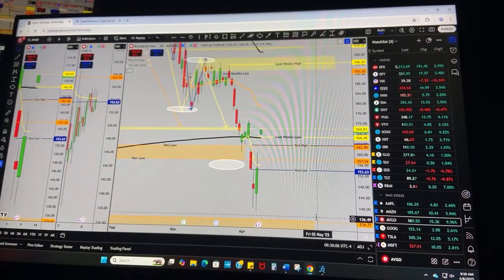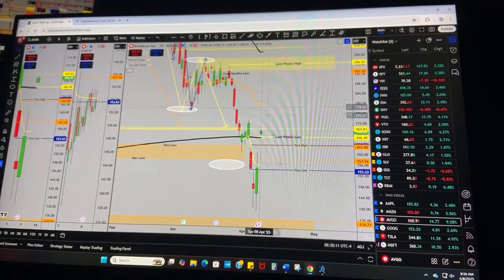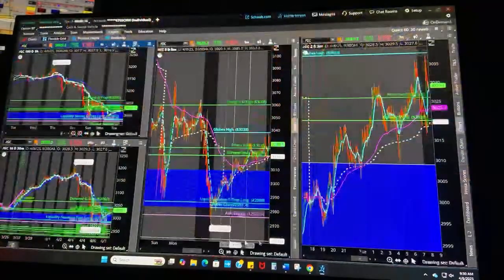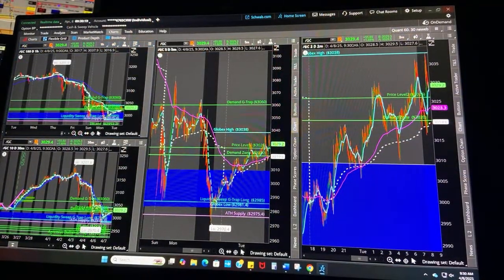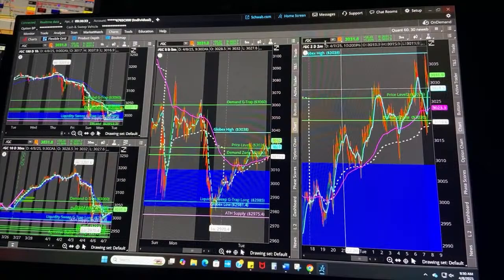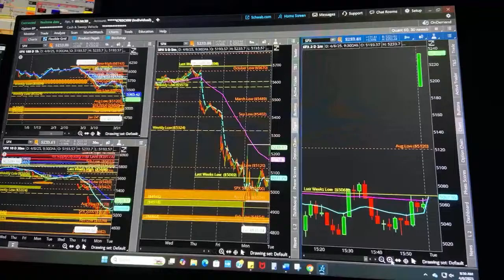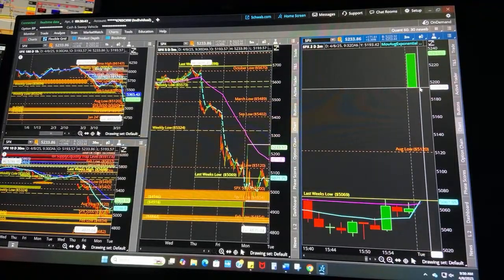All right, the market's just opened. Let me just get some internals here real quick. Be patient off open. All right, SPX. The official open is 5193-ish.